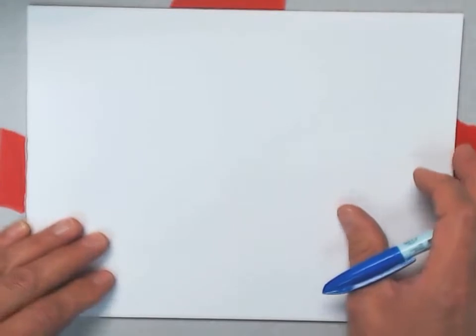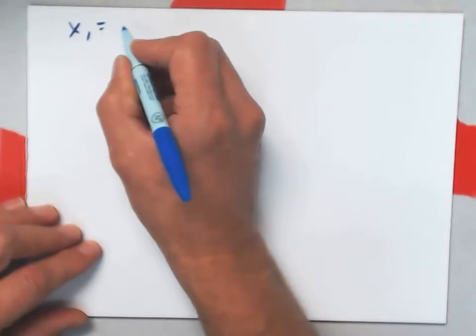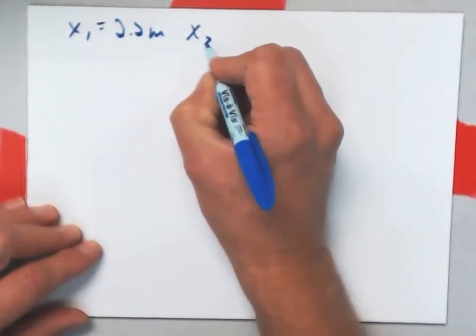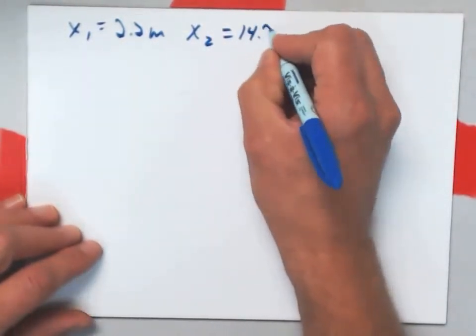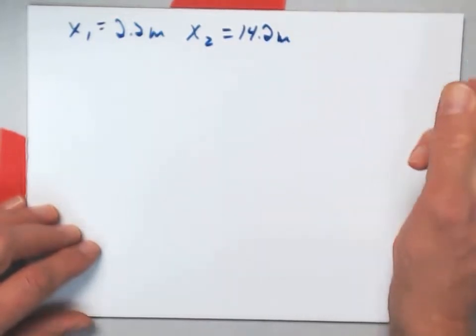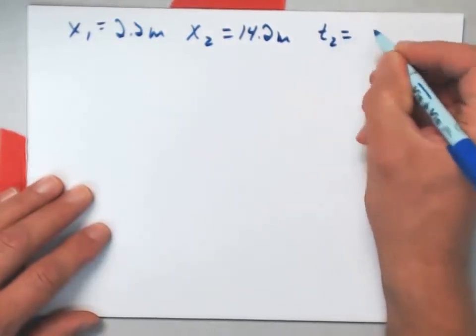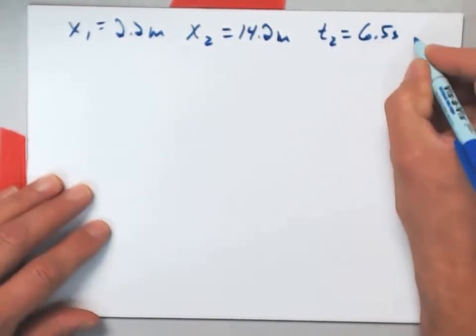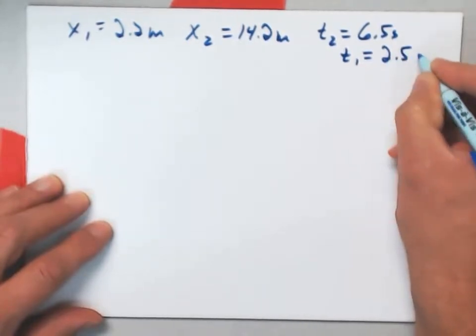We'll do another one here. Let's suppose that our initial position x1 is equal to 2.2 meters, x2 is equal to 14.2 meters, and t2 is equal to 6.5 seconds, t1 equals 2.5 seconds.